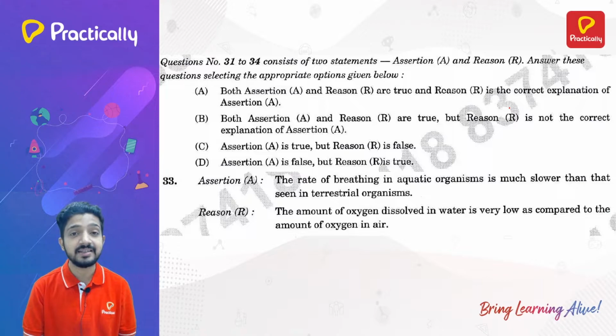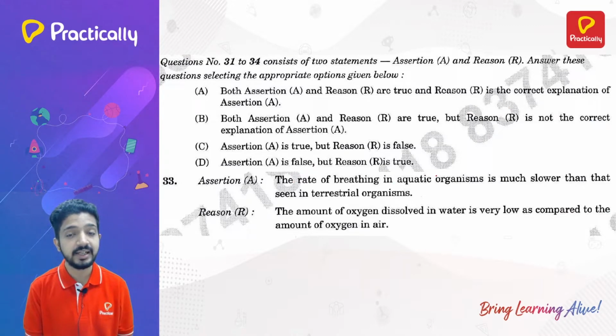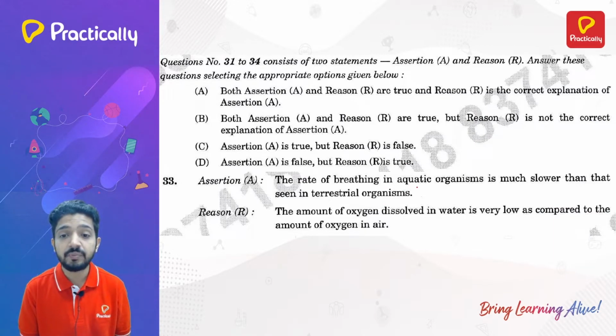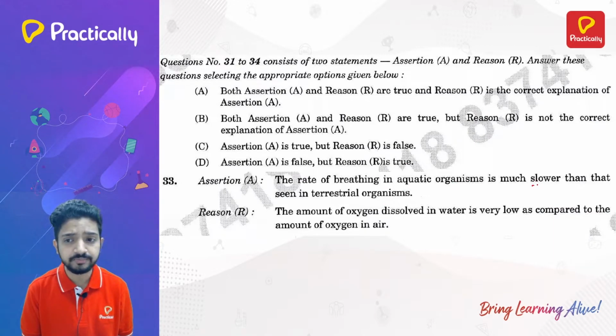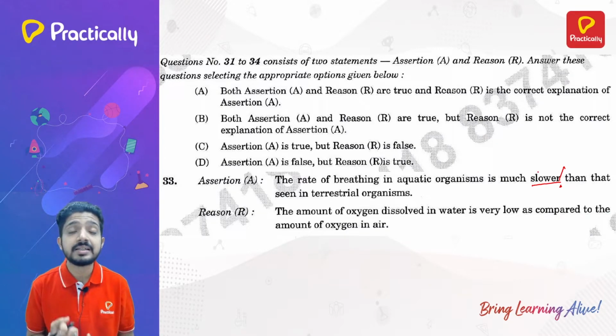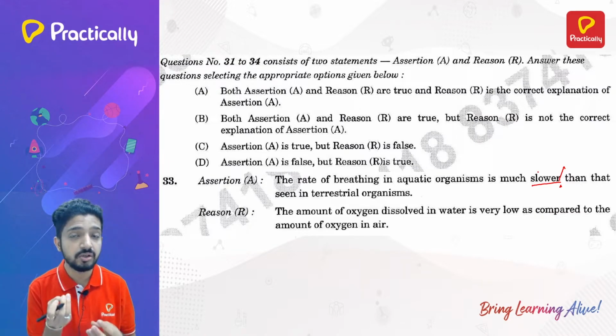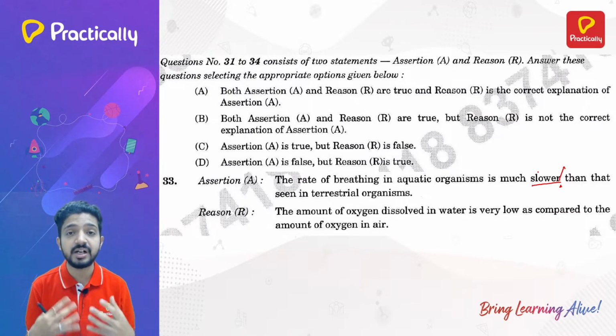Next question is an assertion and reasoning based question. Assertion says the rate of breathing in aquatic organisms is much slower than that seen in terrestrial organisms. And the reason, so let's analyze the statement first. The rate of breathing in aquatic animals is slower. This makes this statement incorrect, since we know aquatic animals breathe faster, since the amount of dissolved oxygen in water is low, so they need to breathe in very fast to compensate for the need of oxygen.